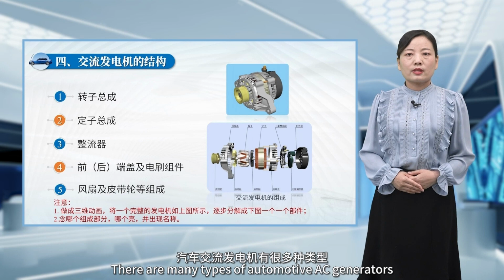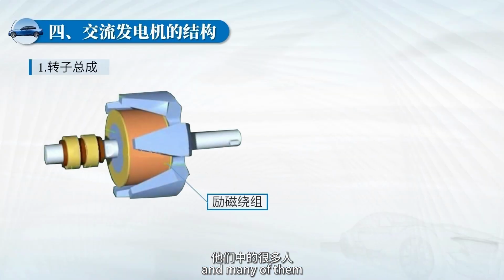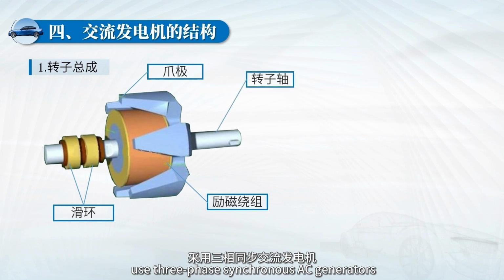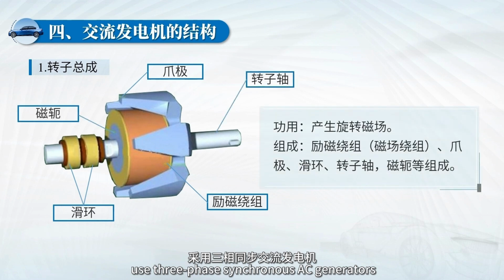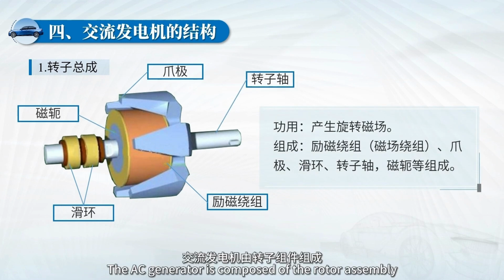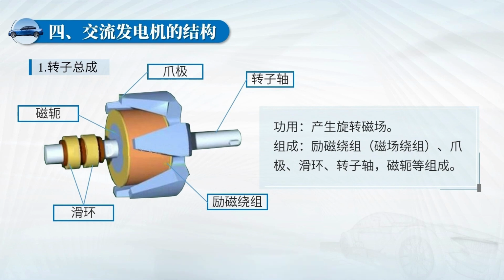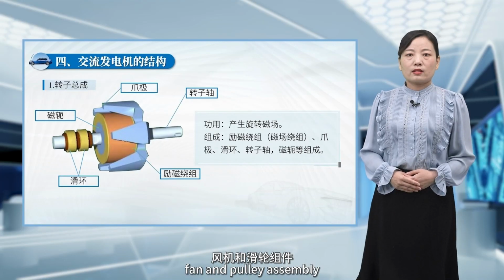There are many types of automotive AC generators, and many of them use three-phase synchronous AC generators. The AC generator is composed of the rotor assembly, stator assembly, rectifier, front and rear end caps, brushes, fan, and pulley assembly.